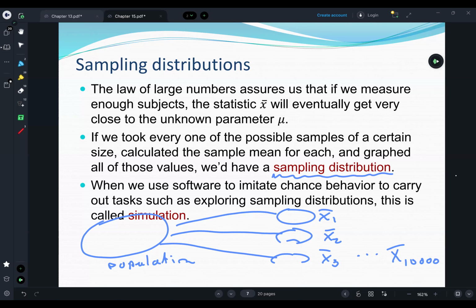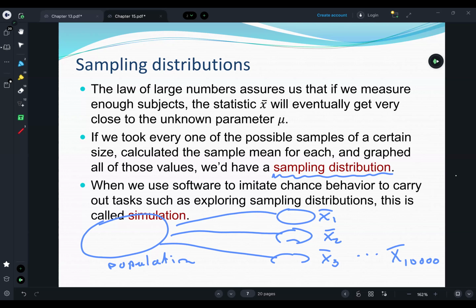I can't take all possible samples because that's infinite, and I can't get infinite on the computer. But we can imagine if we took a lot, 10,000, 100,000, 1,000,000, all these are going to be a collection together as the sampling distribution, and we call it formally the sampling distribution of the sample mean, because this is the sample mean.